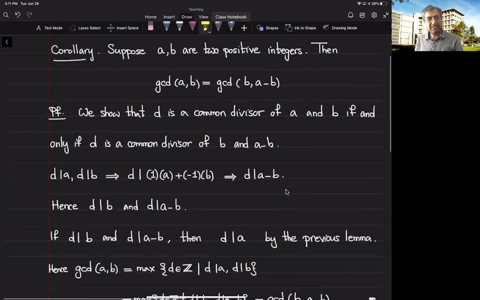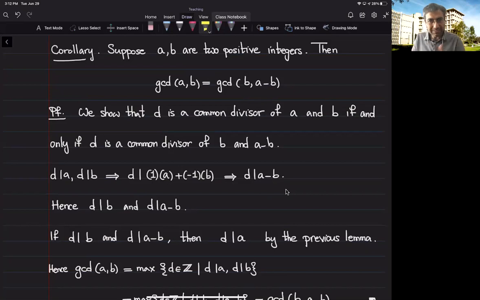Okay, I want to show that the greatest common divisor of A and B is the same as the greatest common divisor of B and A minus B. Remember, GCD is the maximum among the common divisors of these two numbers. So if we show that every common divisor of A and B is a common divisor of B and A minus B, we are done.